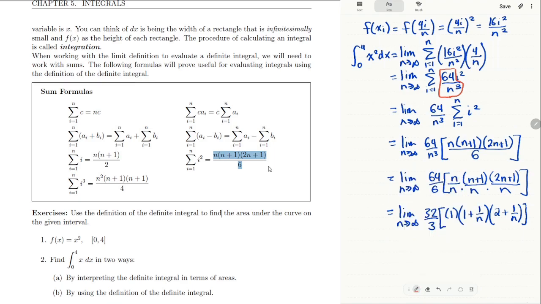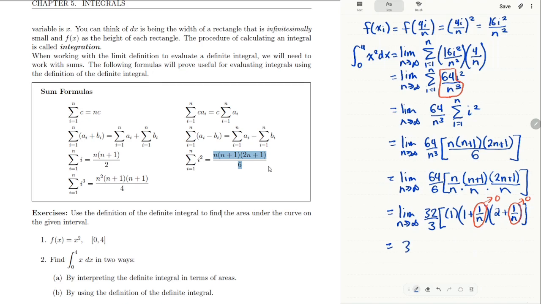So now we will take the limit of n going to infinity, so letting n get very large. We know that 1 over n will go towards 0 as n gets very large. And so both of these terms will go to 0 in the limit.